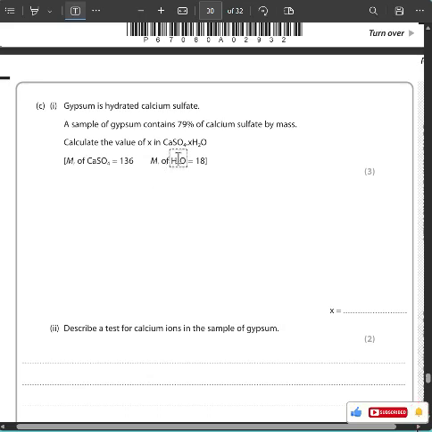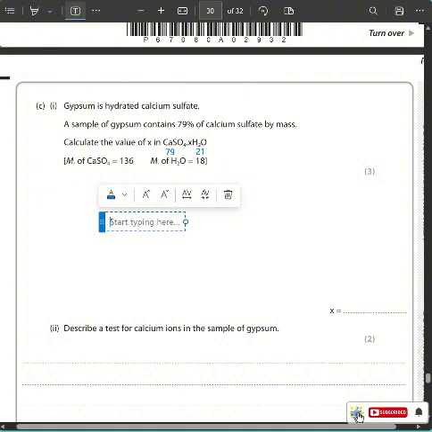For finding this, as we know that if the calcium sulfate is 79% by mass, the water should be 21%, and we will divide 79 by 136, which is the mass of the calcium sulfate, and it is 0.58. If we divide 21 by 18, it is 1.17.